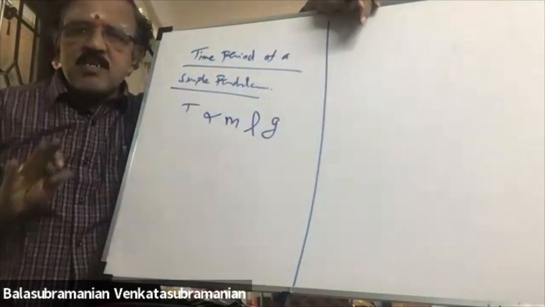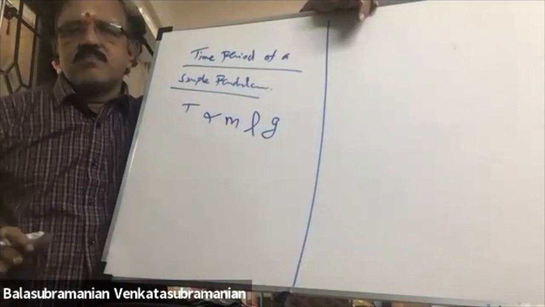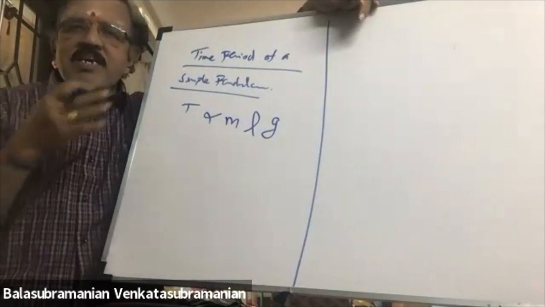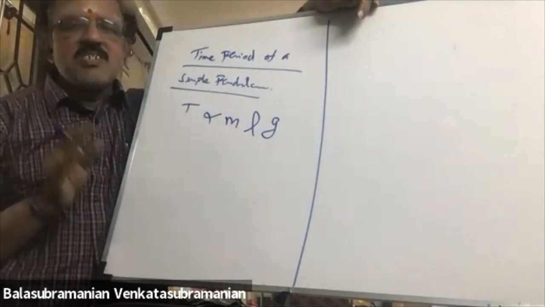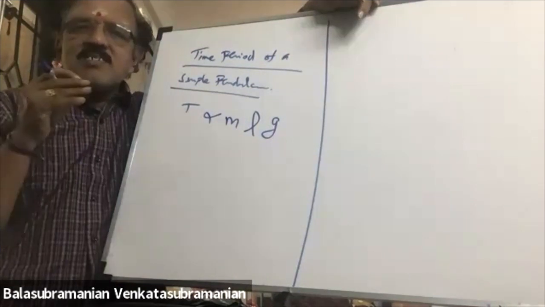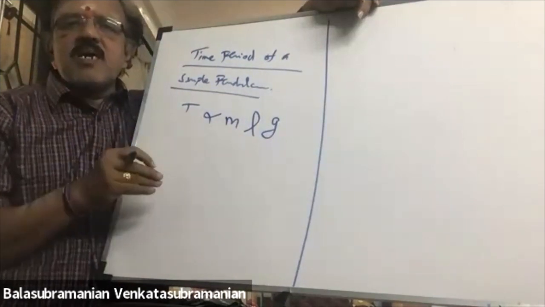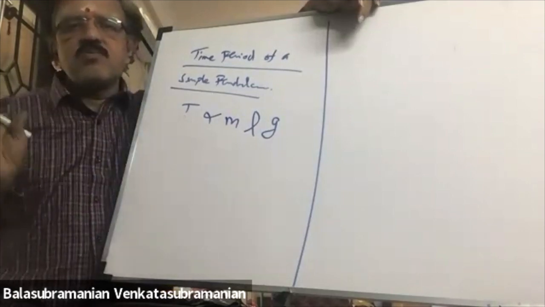I know only this concept. Final formula for time period, I forgot. But I know very well it depends upon only three: M, L, and G. Whether mass is depending or not, length is depending or not, G is depending or not, I don't know. But these are the three things I want to check.